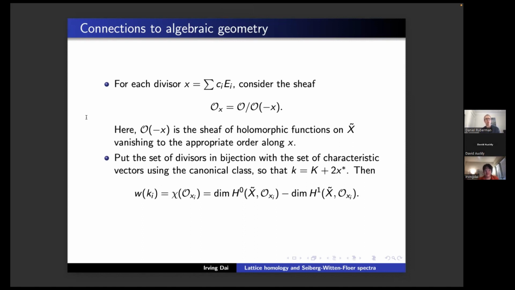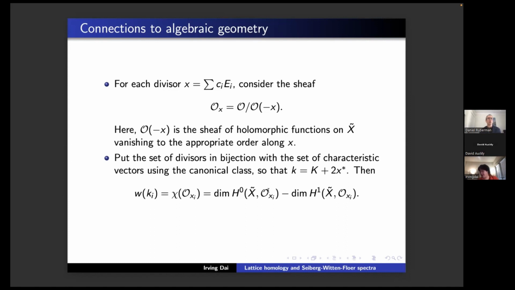It corresponds to a particular divisor and a particular sheaf of holomorphic functions on this plumbing. And it turns out that the number that comes out of the grading shift is the holomorphic Euler characteristic of this sheaf of holomorphic functions.